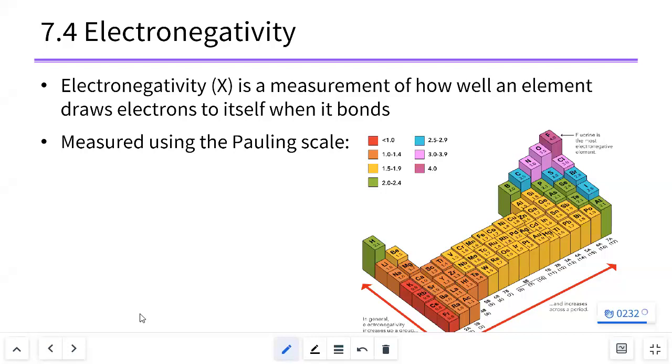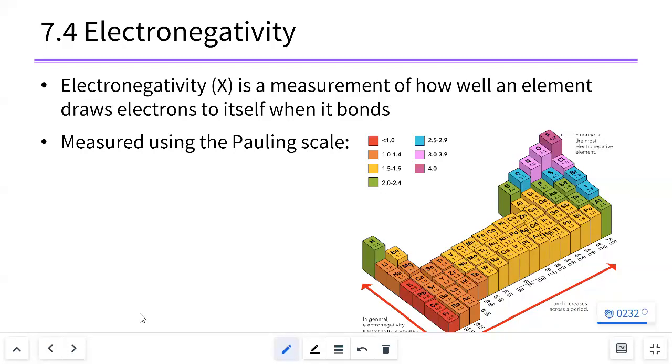More protons means more drawing power, and if the energy shell hasn't grown any, hasn't gotten any further away, then the existing electrons are going to get pulled in more tightly. So fluorine has both. It's small, and we know it's negative. Closely related to that, oxygen, small and negative. Nitrogen, small and negative. Chlorine, negative, not as small.